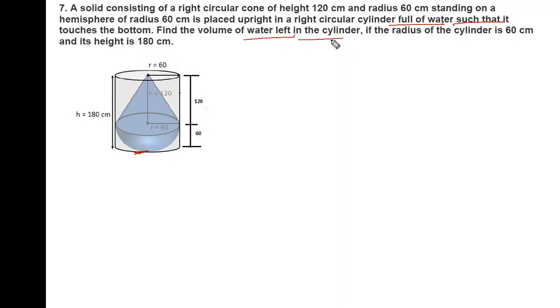So you have to find the volume of the water that is left in the cylinder if the radius of the cylinder is 60 cm. So here one thing you can see, the radius of the cylinder, radius of the hemisphere and radius of the right circular cone all are same. You can write R1, R2, R3 all are same, that you can write R. Okay, so the picture is here for you.